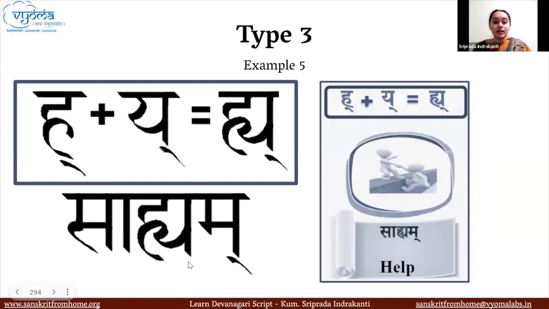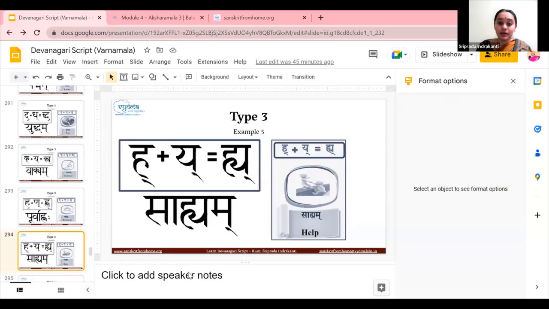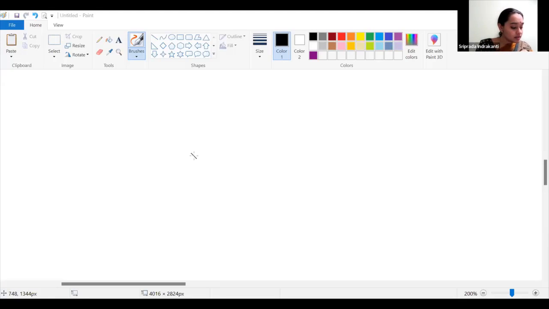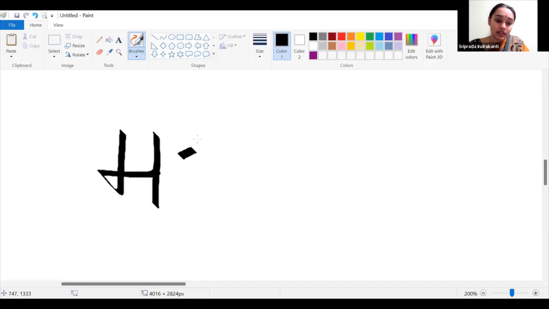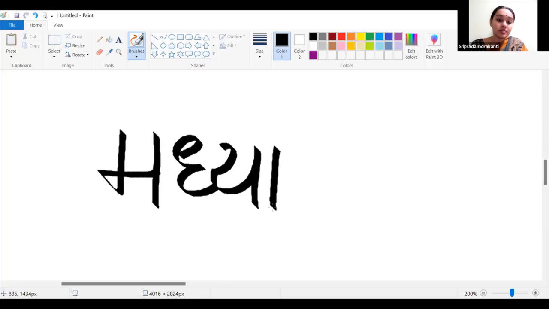So now we look at examples in paint. We have madhyanha, madhya. So observe here we have dhya, dh and y combined together.